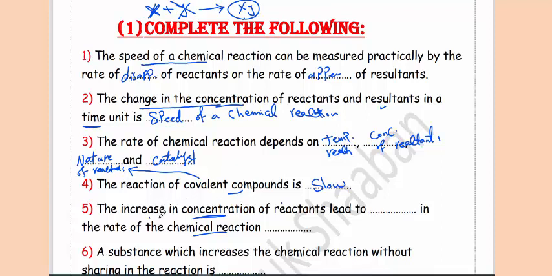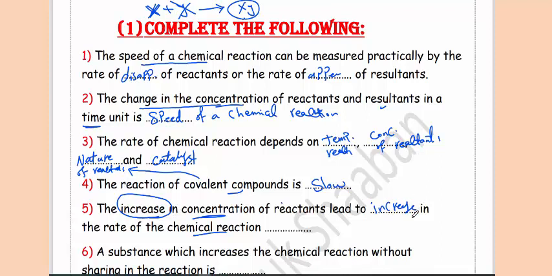Of course, when we increase the concentration, which means we have too much molecules in the reactants, it will make the reaction going more and more fast. So increasing the concentration led to increase in the rate of chemical reaction.